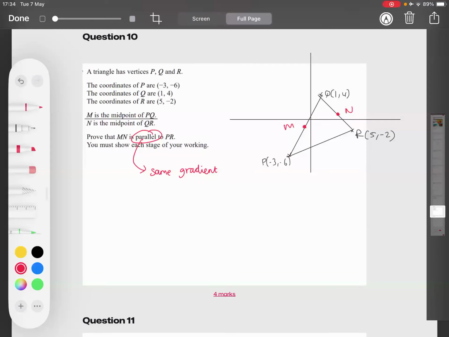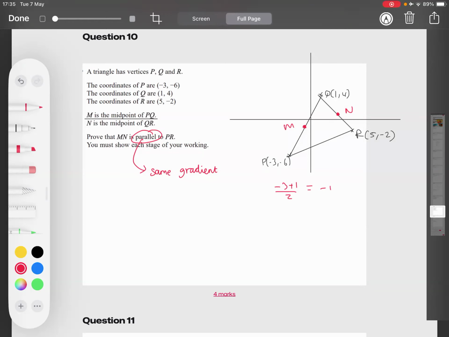So in order to work out M, it's just the midpoint, so -3 plus 1 divided by 2, which is -2 divided by 2, which is -1. And that looks like a -1 as well in my nice sketch. And then the midpoint of the -6 and the 4.